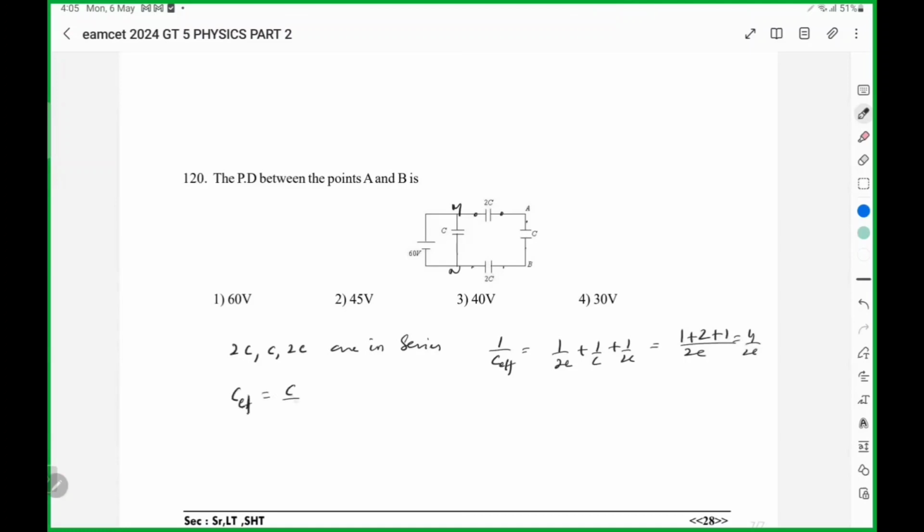C effective will be C. Now that C and C by 2 are in parallel, C effective will be C plus C by 2, 3C by 2.